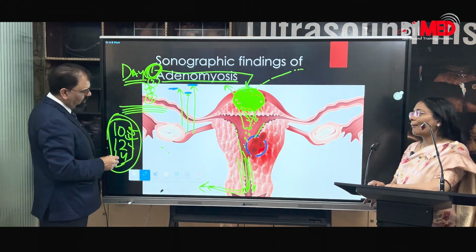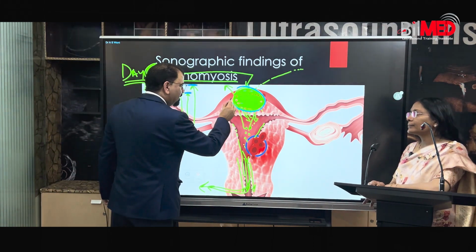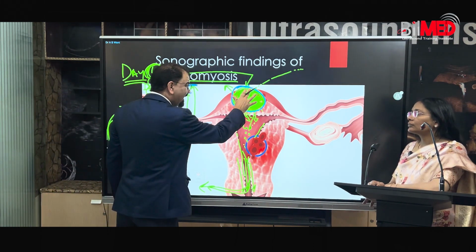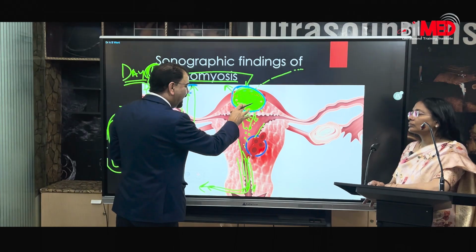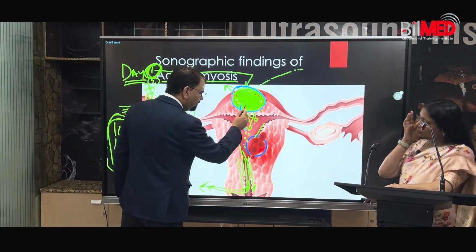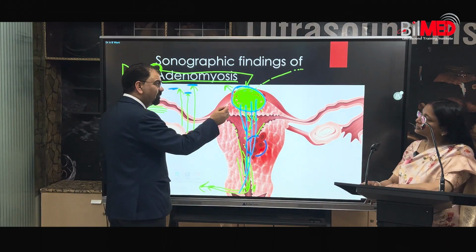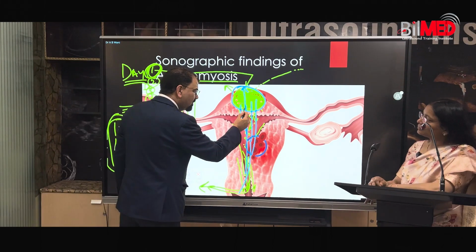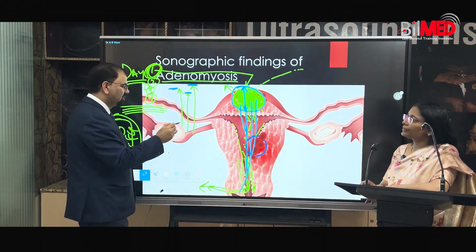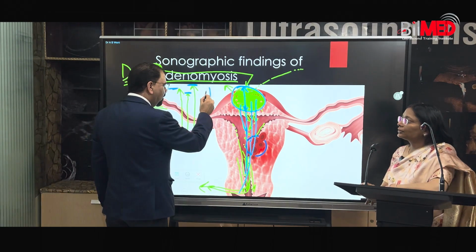Now when blood is pooling over here, what will be the overall size of the adenomyotic patch? It will increase. When the blood is shed out, it will shrink. What will the size be? It will decrease. So it means that like echogenicity, the size will also vary.